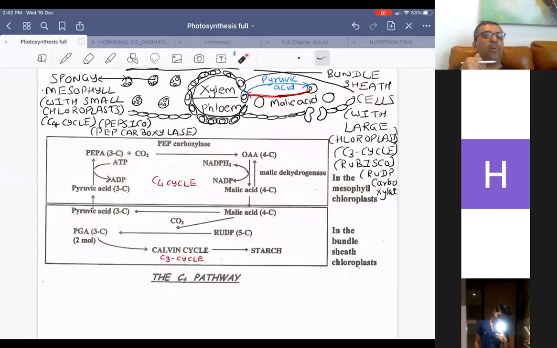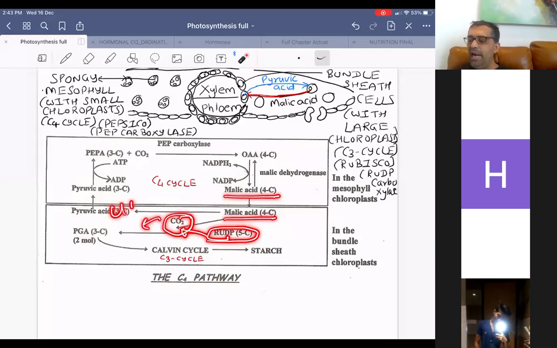Shray Muradia, can you explain how PGA is formed from malic acid? Malic acid is a 4-carbon compound, and malic acid will give away carbon dioxide, which will combine with RuBP. So RuBP combines with carbon dioxide to form the unstable additive compound, which is 6-carbon.